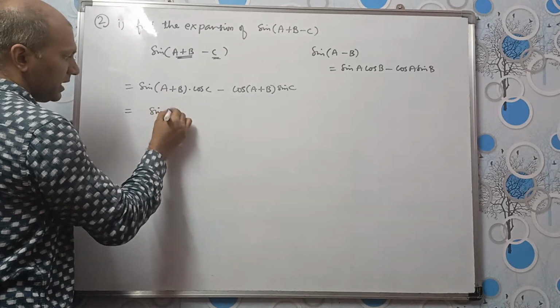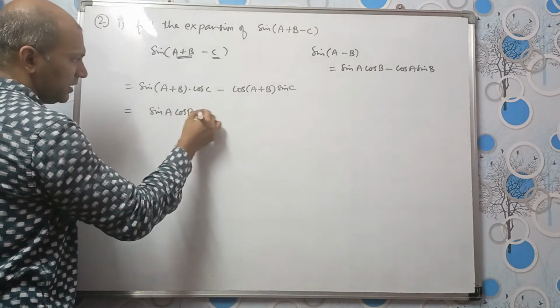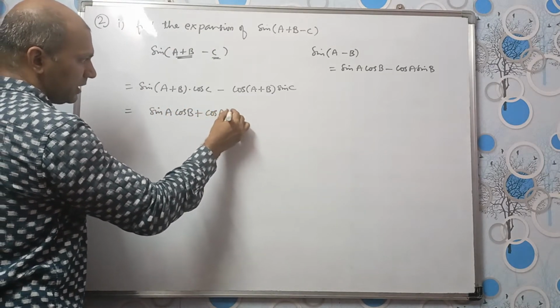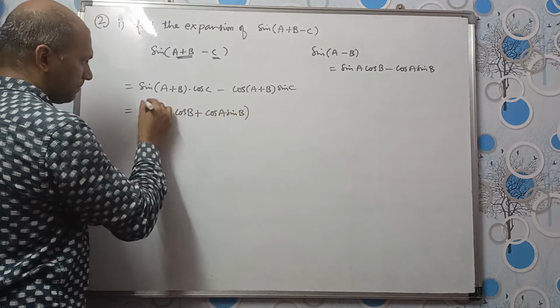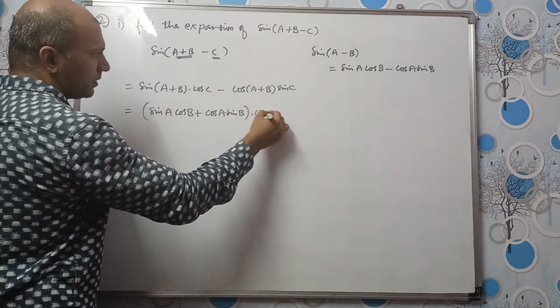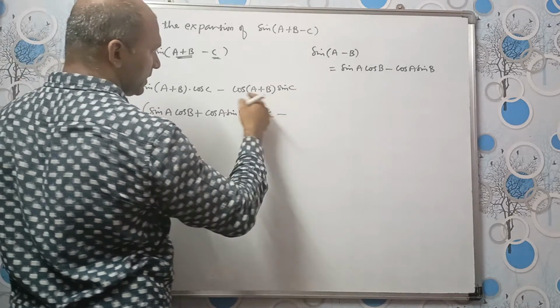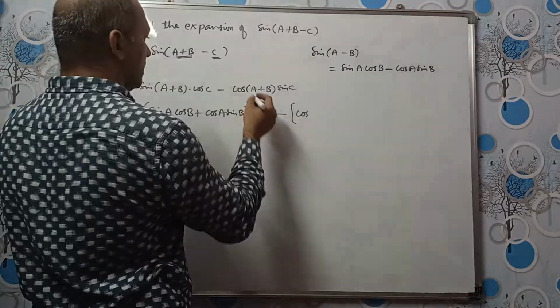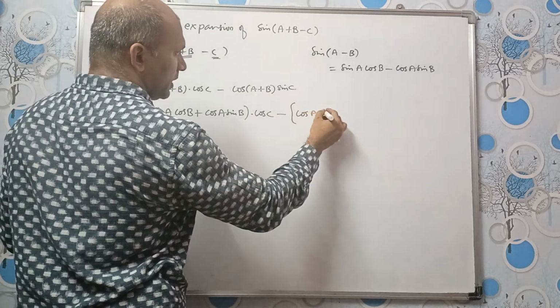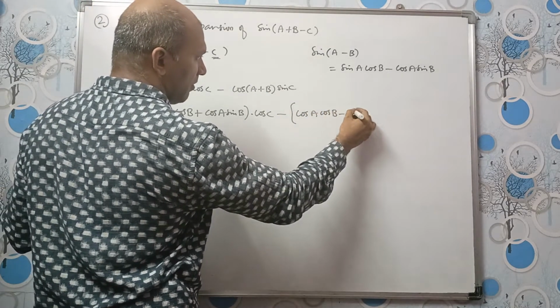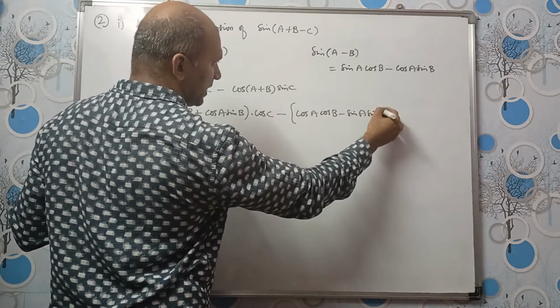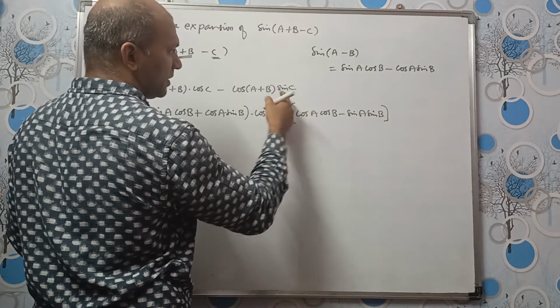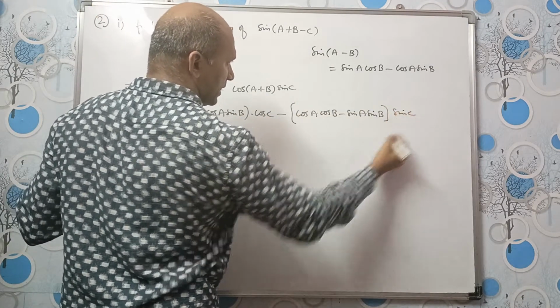So this will be sine a cos b plus cos a sine b multiplied by cos c, minus, let us write brackets, cos a cos b minus sine a sine b, expansion of this, multiplied by sine c.